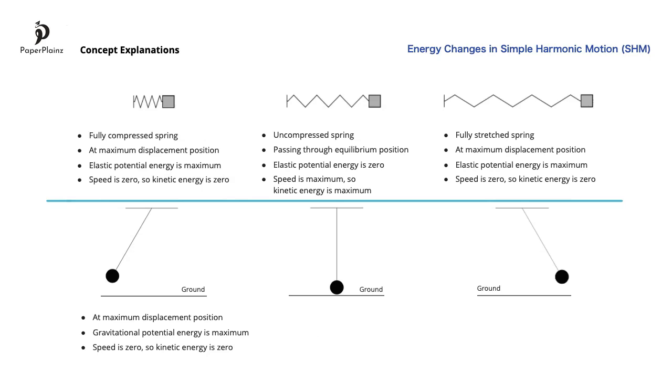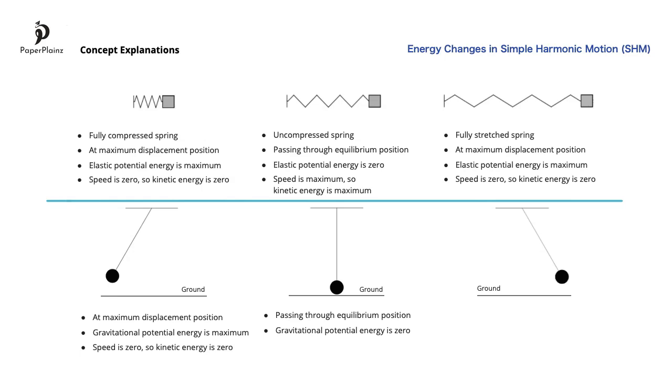Then, as gravitational potential energy converts into kinetic energy, the pendulum bob moves to the right, loses height, and gains speed. At some point, it reaches its lowest possible height above the ground and is passing through its equilibrium position. If we assume that at this position height is zero, then we can conclude that gravitational potential energy is zero.